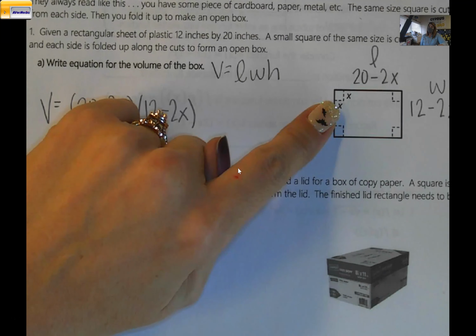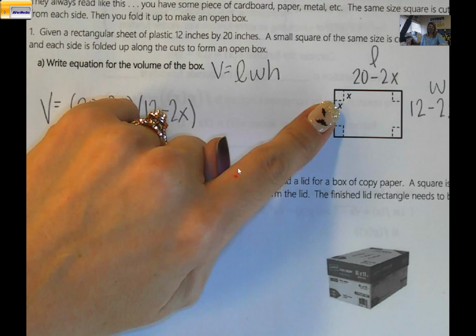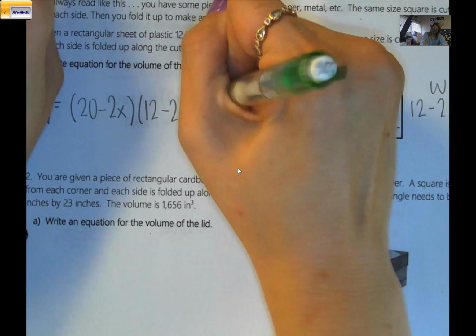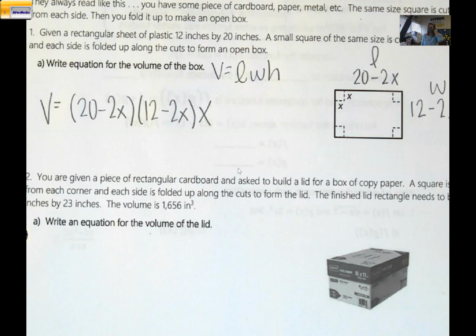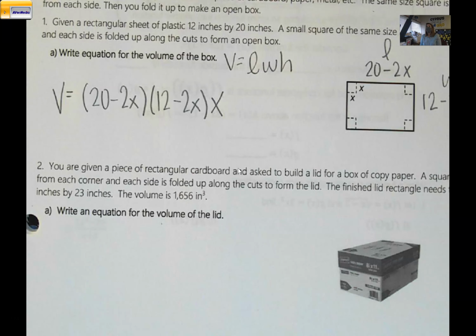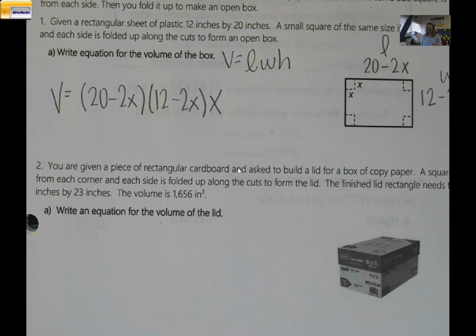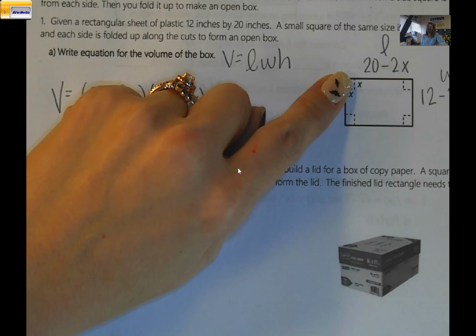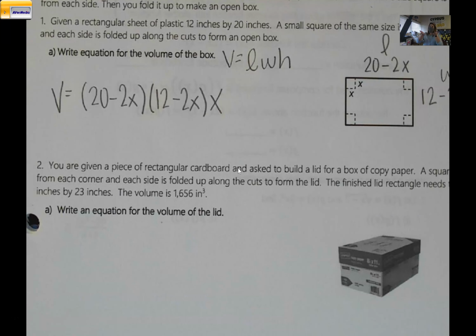What size chunks did we take out? X. The height is X. The X's that we took out here, they'll make it so that you can bend up the sides of your box. You feeling okay about that one? Was that a yes? You're sure?